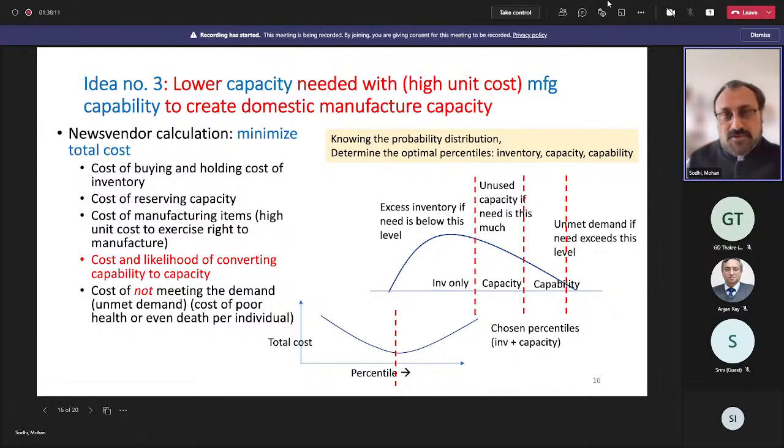So in a way, it's lower than serving from inventory or making inventory from capacity. But just stay with me for a second on this idea that there is a notional capability, and that would be the 3rd tier. So again, you'll have different percentiles for inventory, capacity, and then capability.